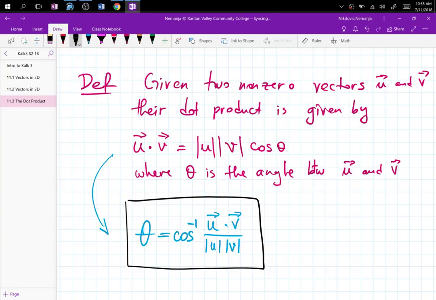Now in 2D, in 3D, in 4D, because when you have two vectors, I don't care what dimension you're talking about, the two vectors will span a plane. Actually, let's go first with two dimensions.